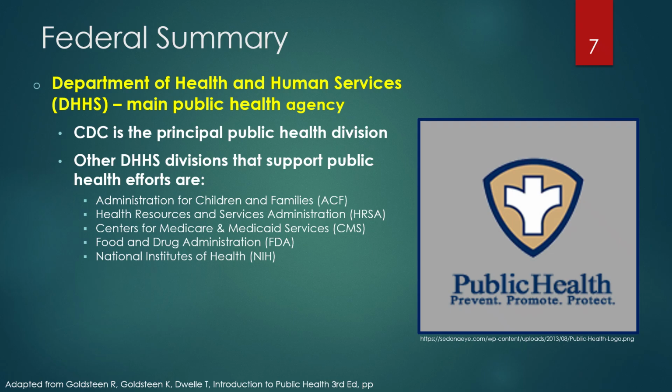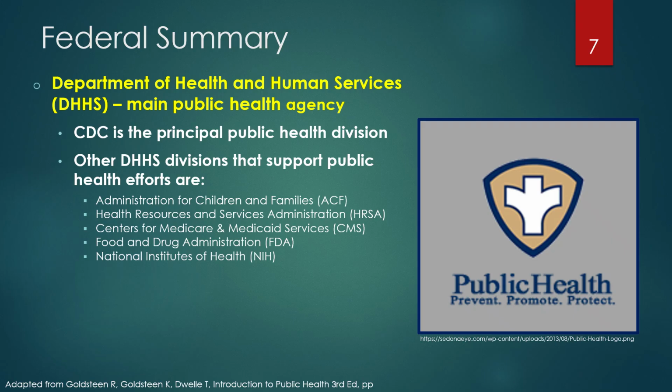Let's continue our review of key points on the federal role in the practice of public health. DHHS is the main government public health agency. Within the DHHS, the CDC is the principal division that produces evidence-based public health information and communicates it to the public and to public health and healthcare professionals.